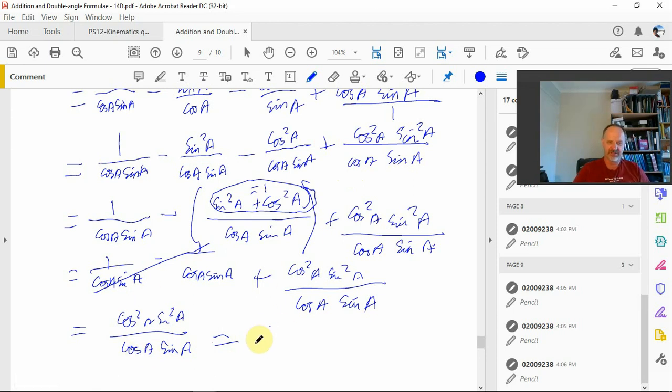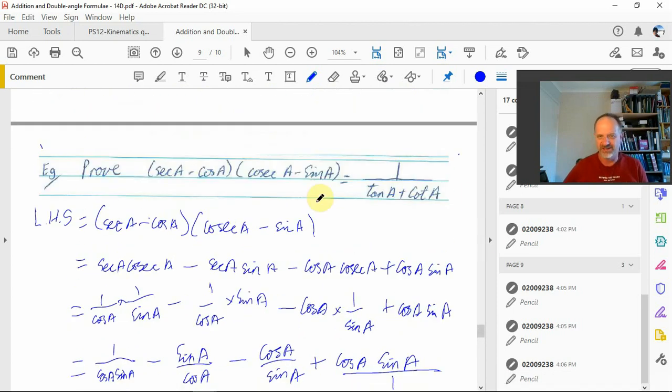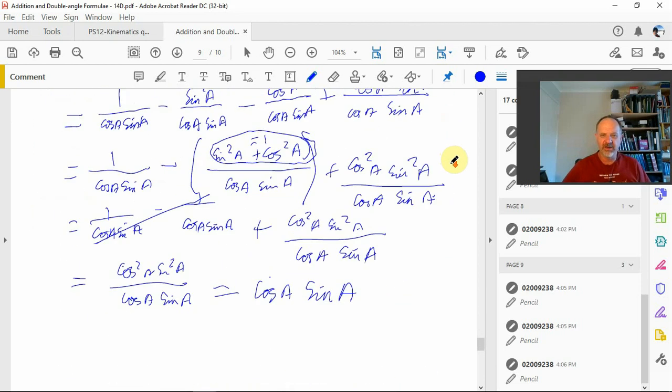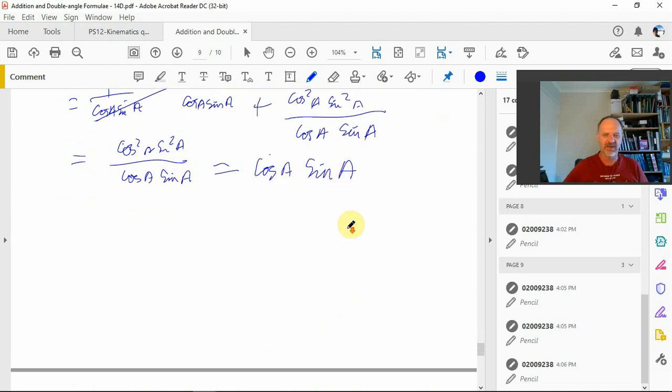So one of the coses cancels, so now we've got cos A, and one of the sines cancels, sine A. And so now we're stuck. We still haven't got to this. So in this case, what we need to do is go, okay, so our left-hand side, when we simplify it, is equal to cos A sine A.